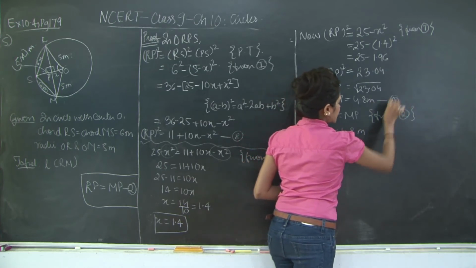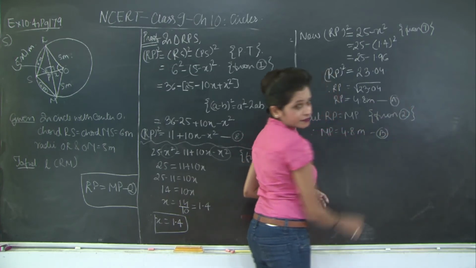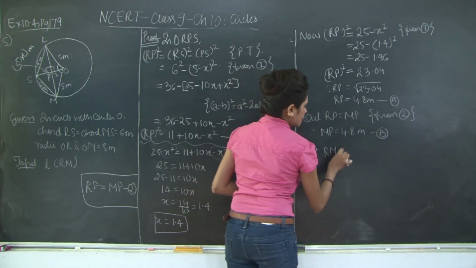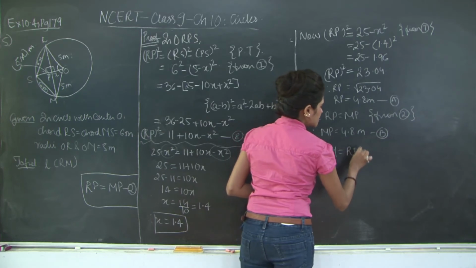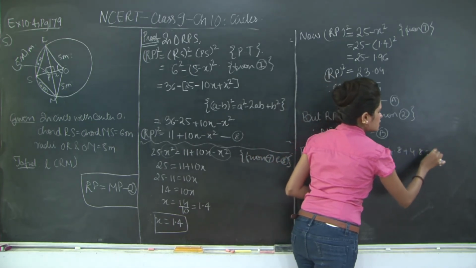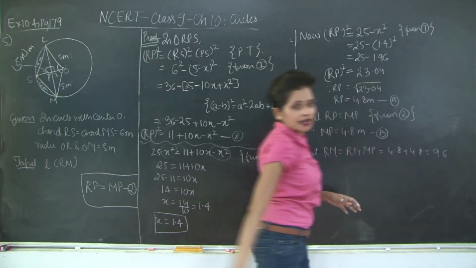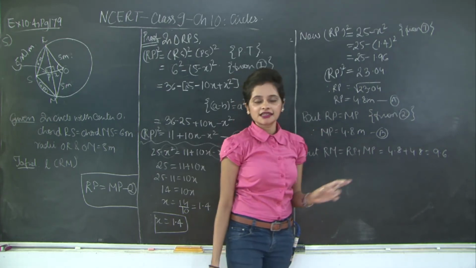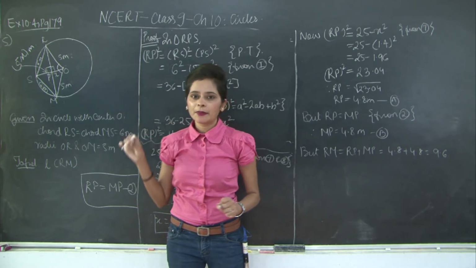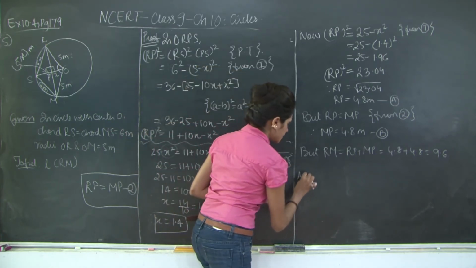Let's mark this as A and let's mark this as B. But Rm is equal to Rp plus Mp, which is equal to 4.8 plus 4.8, which is equal to 9.6. Therefore, the length of Rm is 9.6 meters, which is the distance between Reshma and Mandeep. So, we will write down the answer.